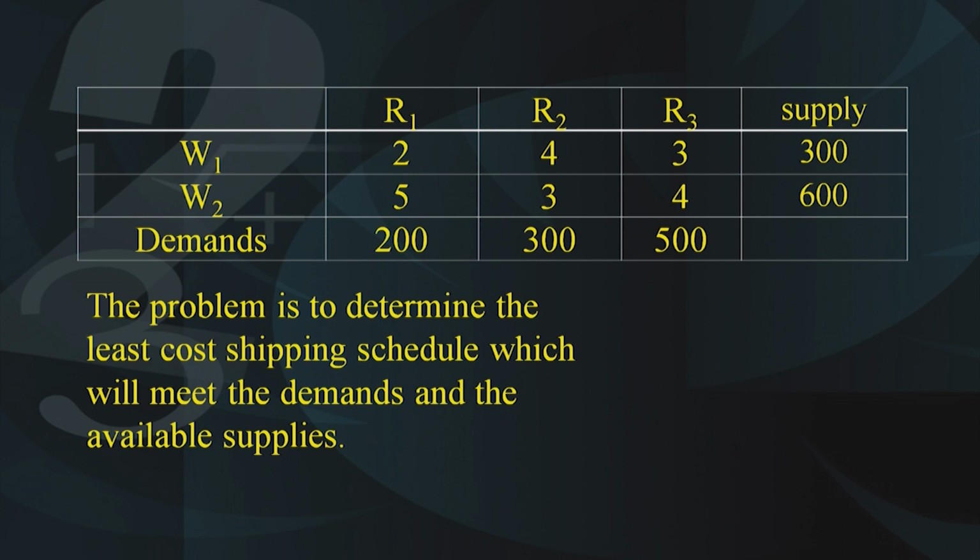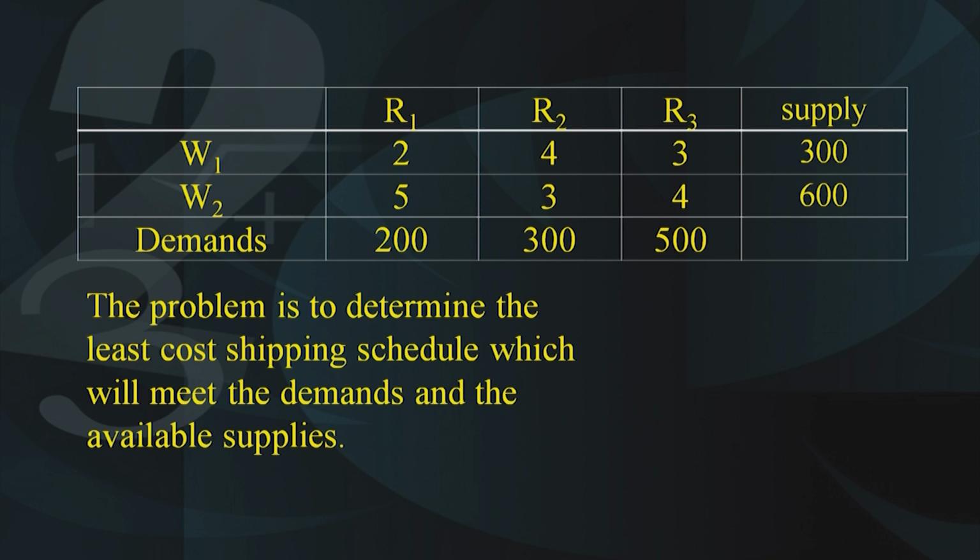So, for example, in the first entry we have 2, that means from the warehouse 1 to the retail outlet 1, that is from W1 to R1, the cost of transporting 1 unit of good is 2 rupees. Similarly, for the other entries 2, 4, 3, 5, 3 and 4.